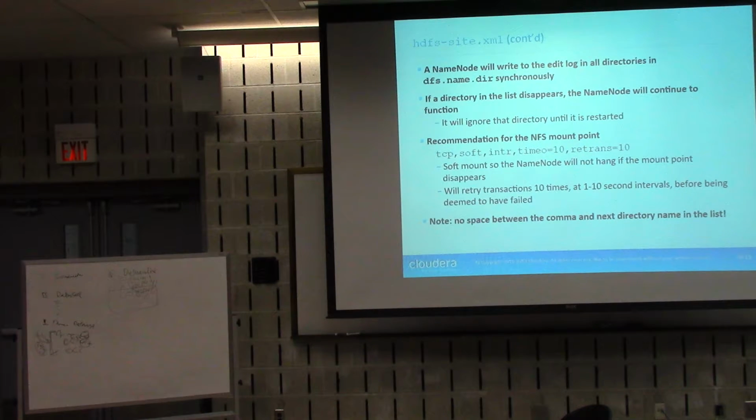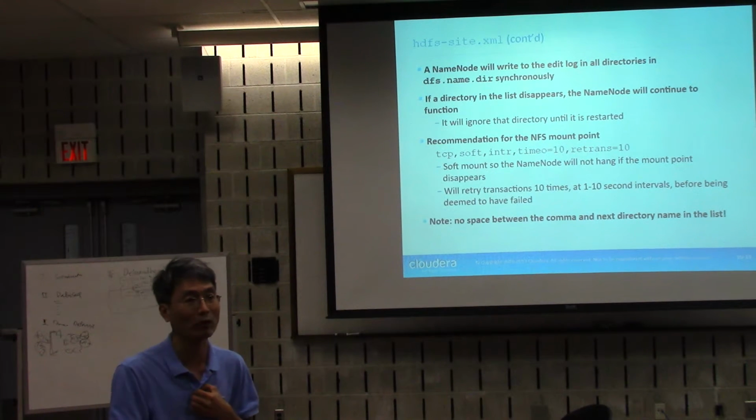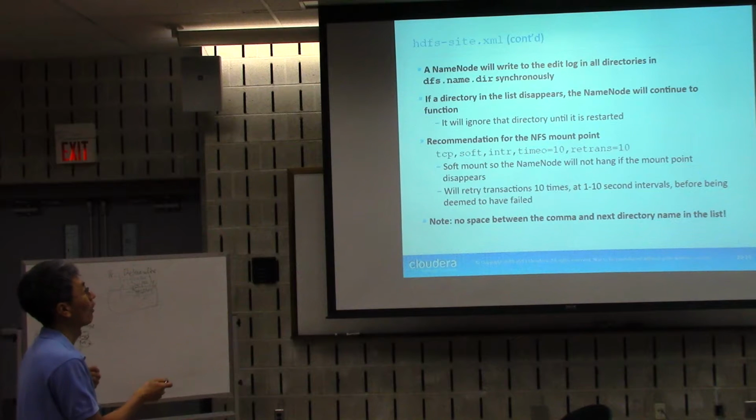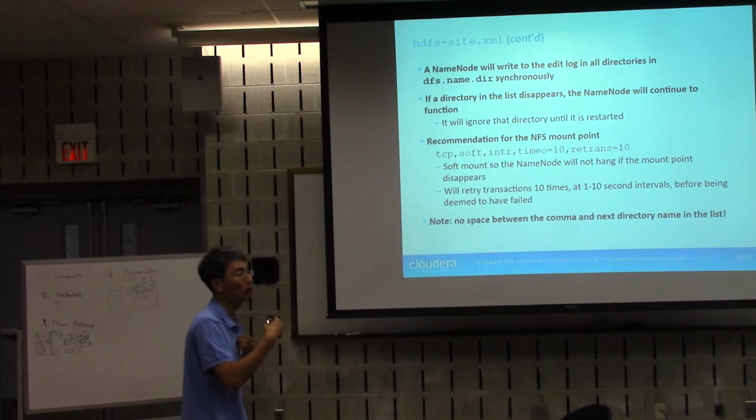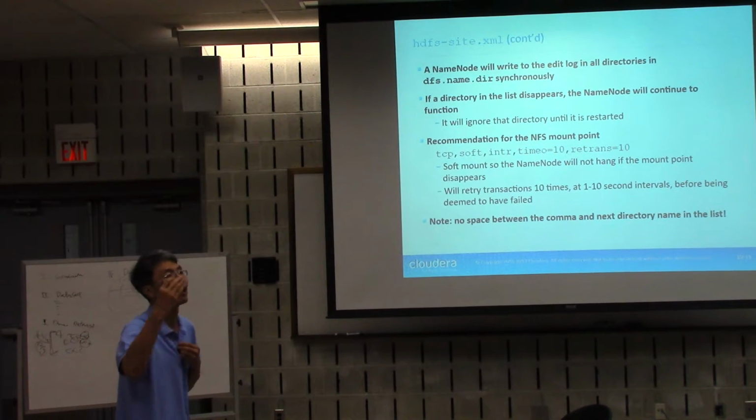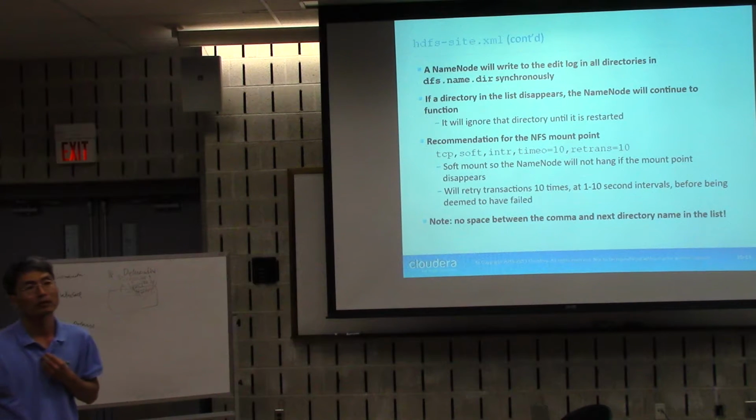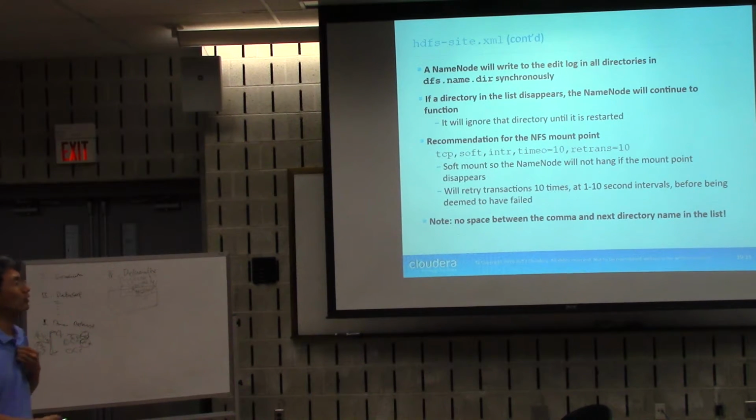In case of using NFS, you need to be careful. NFS sometimes can be disconnected because of network failure. So you need to specify how many times to retry and what is the maximum time to inform the operating system that this NFS is disconnected, something like that.